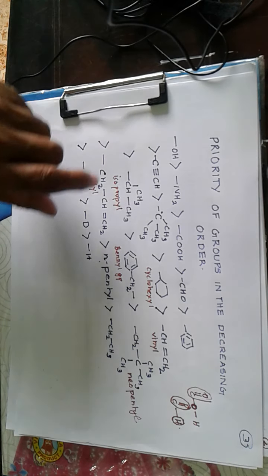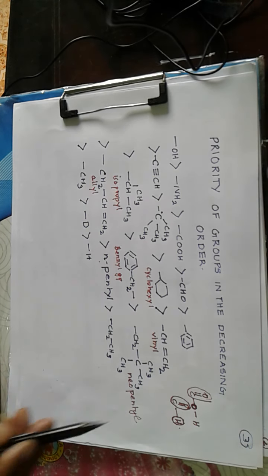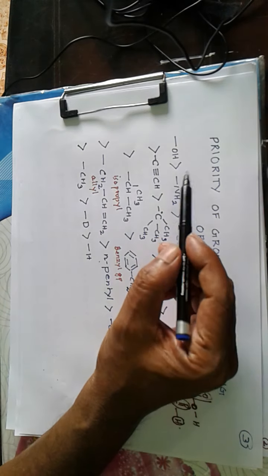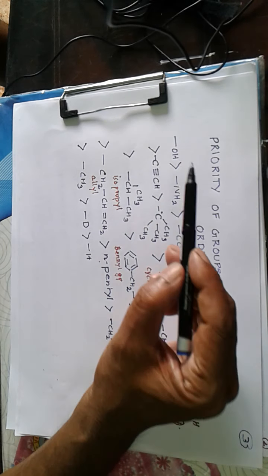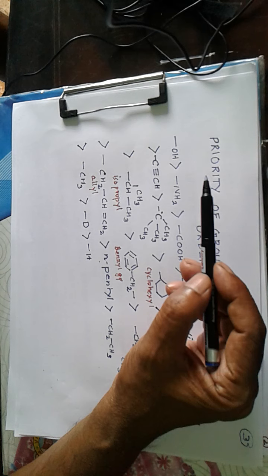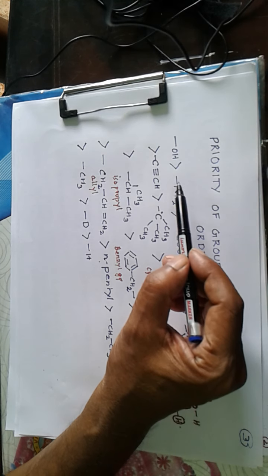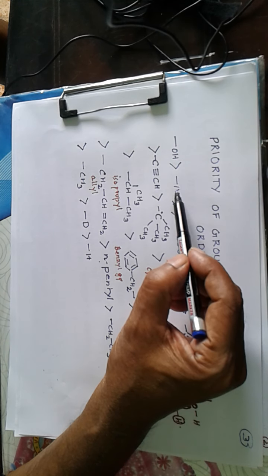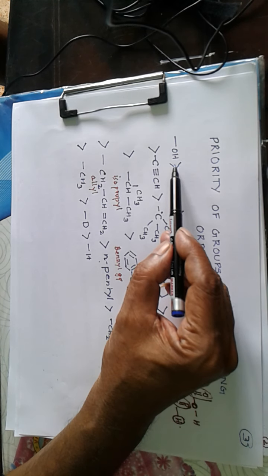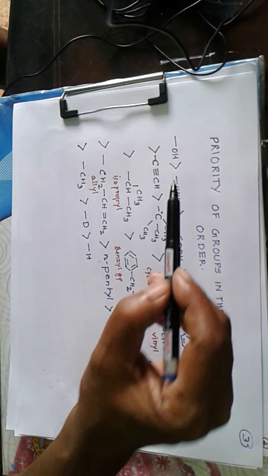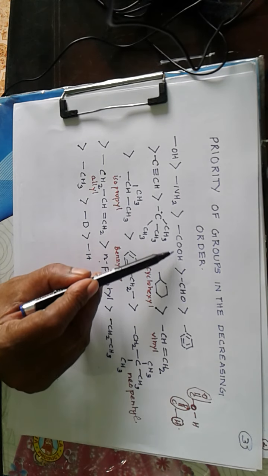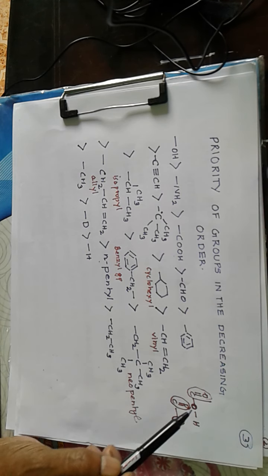Now some groups are given here in the decreasing order of priority. Now OH, with the oxygen atom as the linking atom, has a higher atomic number or atomic mass, while nitrogen has a lower atomic mass. So the OH group has a higher priority over the NH2 group, and COOH and CHO.